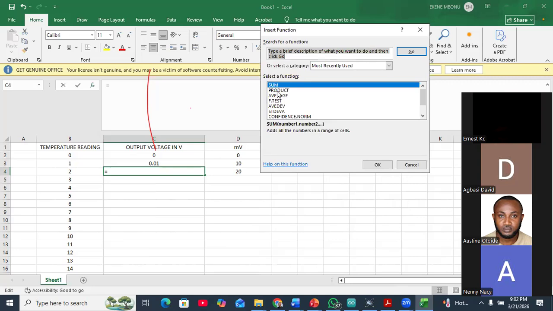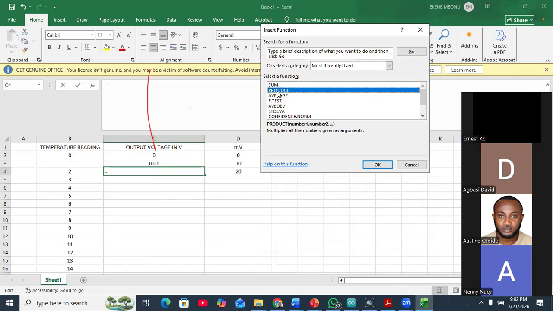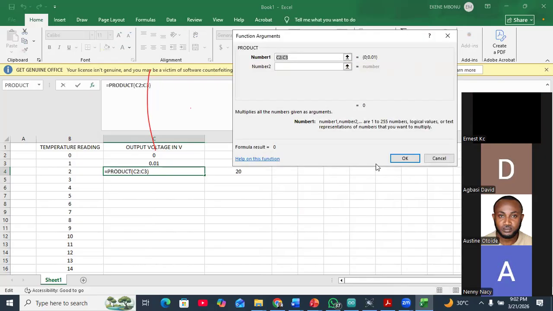If this is a product, this is C2, to C3, and then we can multiply it with what to get the subsequent value.